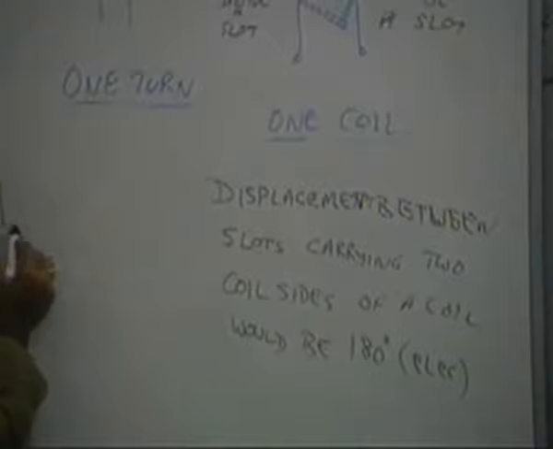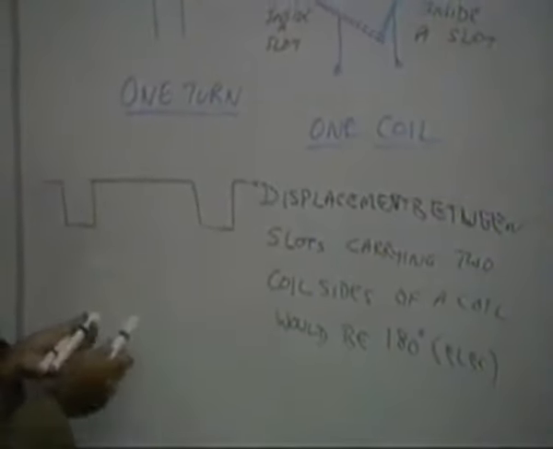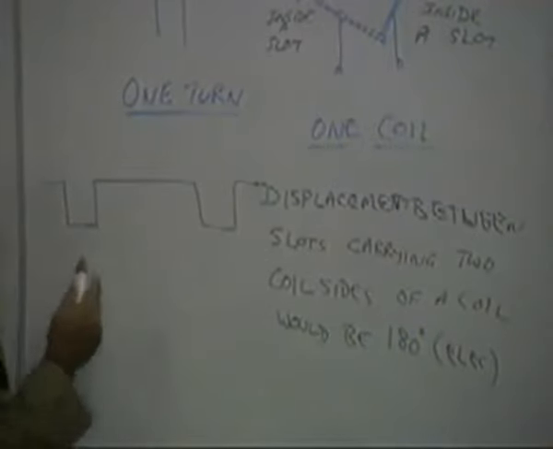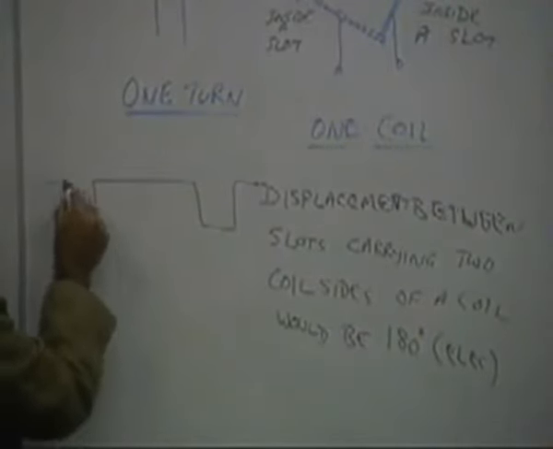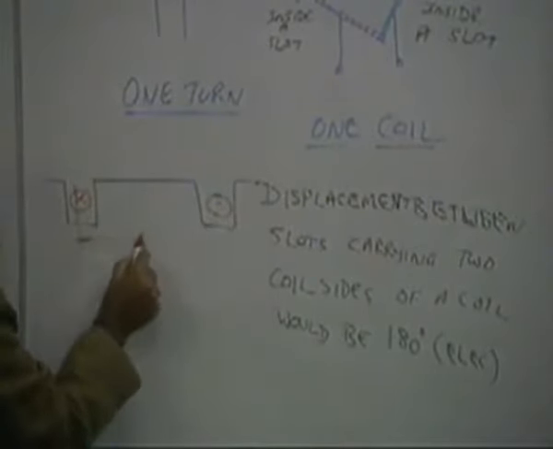If you have one slot and another slot and a coil placed inside the slots, where current goes in and comes out, this angle is 180 degrees.